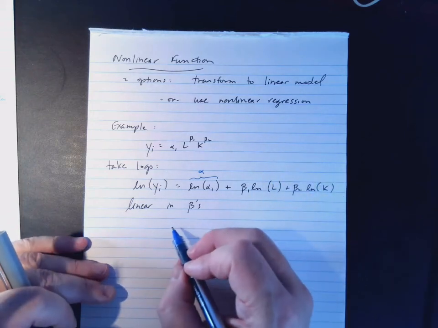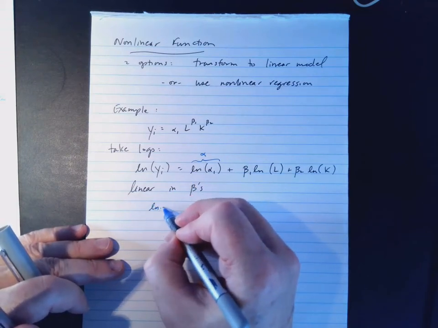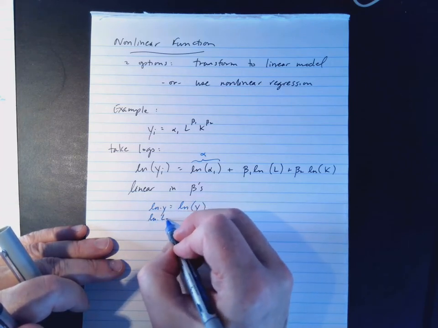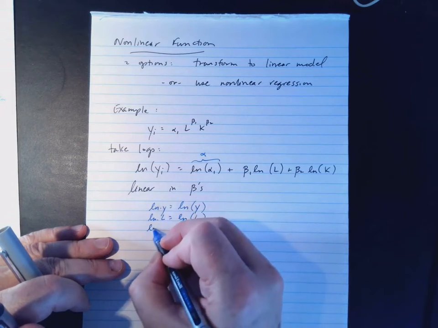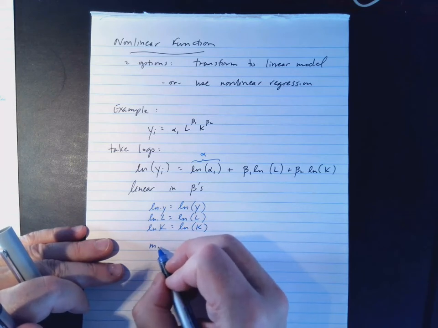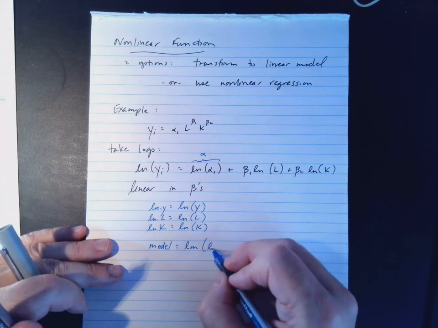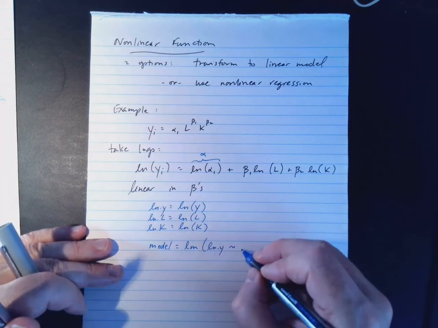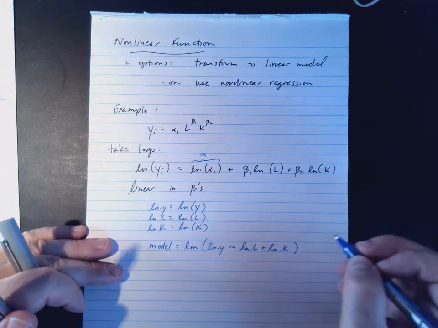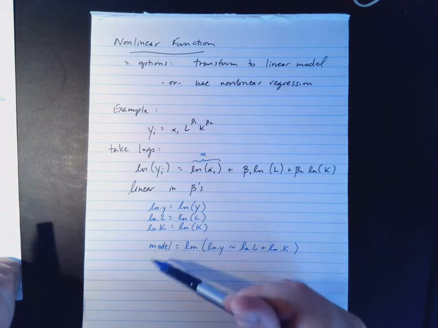Then if you think about what you would do in R, you would have a few lines in advance where you might do something like log y equals log of y, log L equals log of L, log K equals log of K, and then the model equals log y tilde log L plus log K, or whatever you want to call the object that you create.